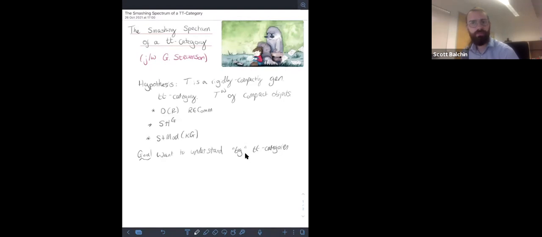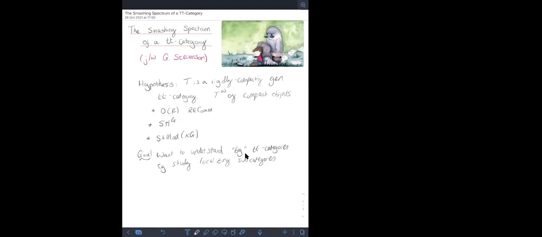And it's nice to have invariants which actually do this classification for us. So, e.g., study the localizing subcategories. This in general is a very hard problem. We don't even know if there's a set of localizing subcategories, so we have to adjust our expectations a little bit.